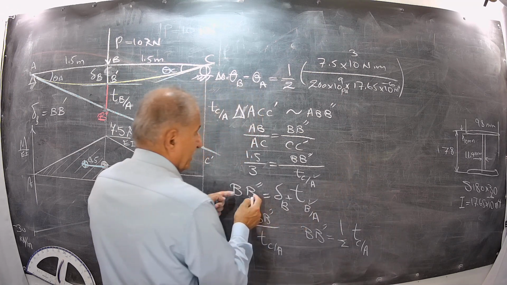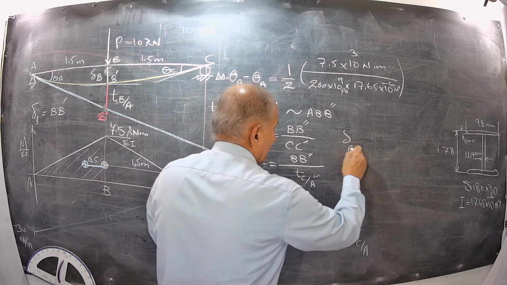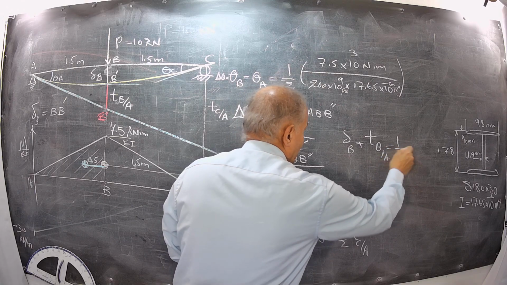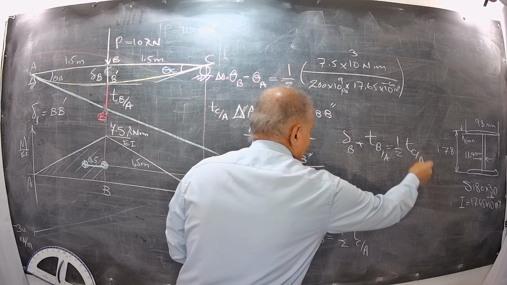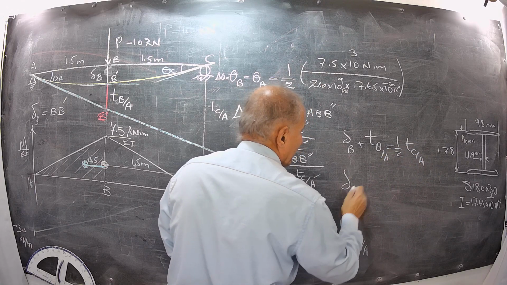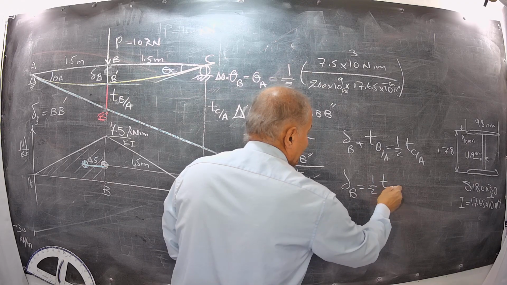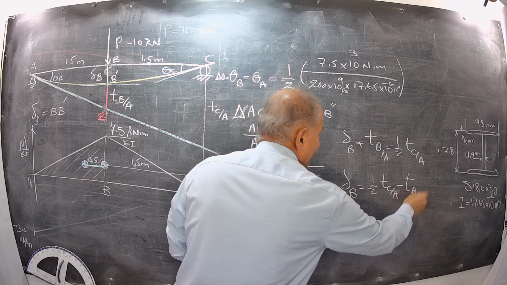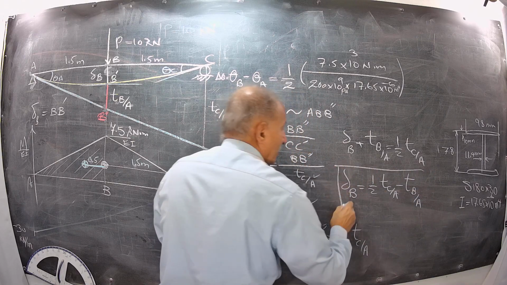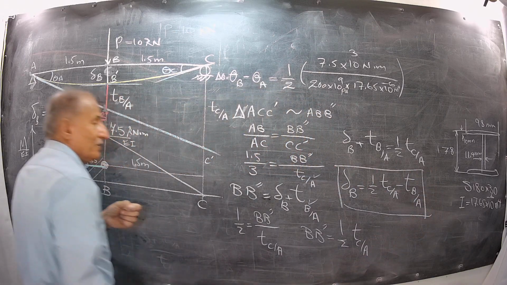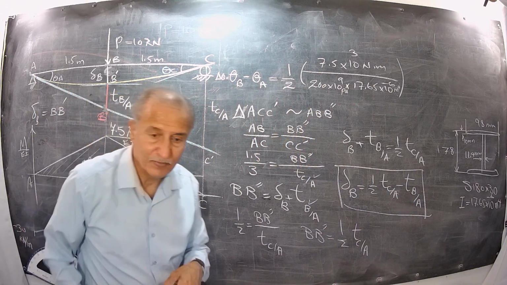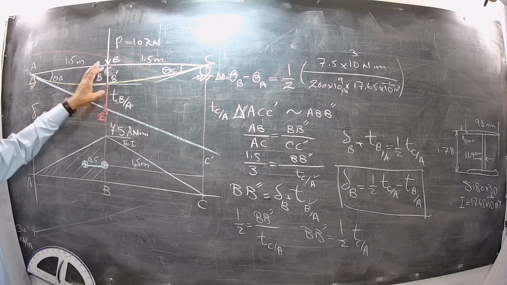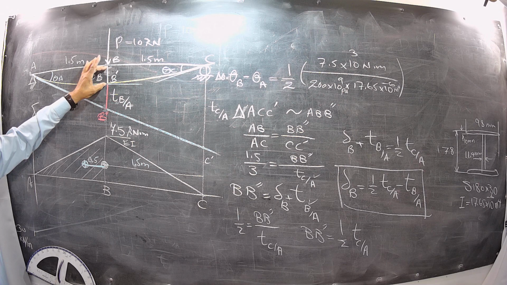It is delta B plus TBA, equals half TCA. Delta B equals half TCA minus TBA. That's the formula. We used some geometry, and then we reached the deflection of point B.